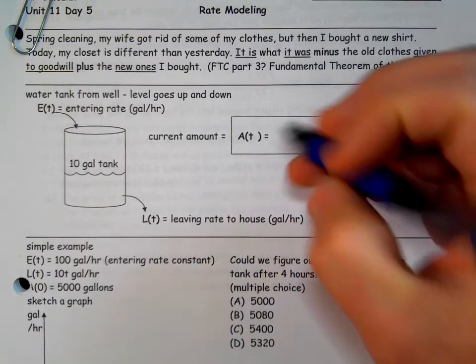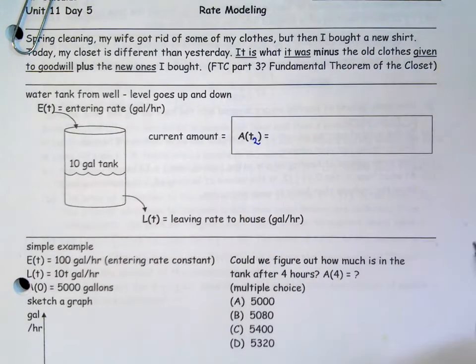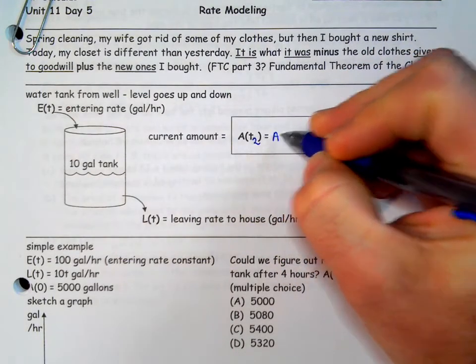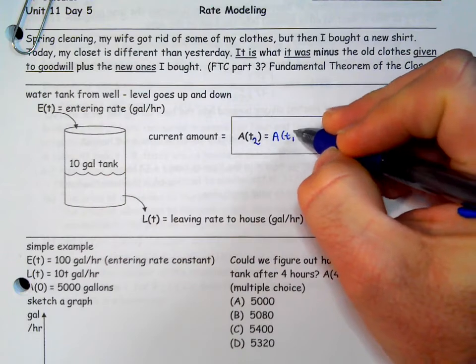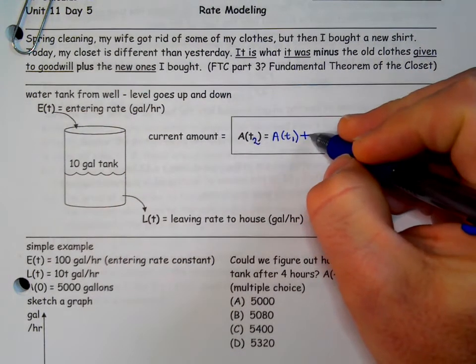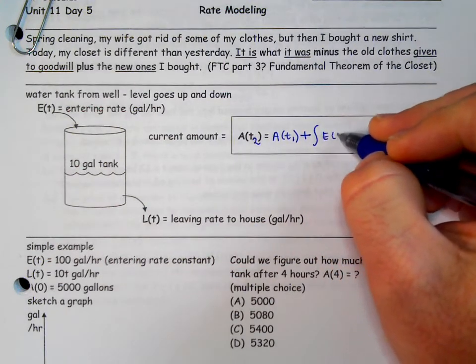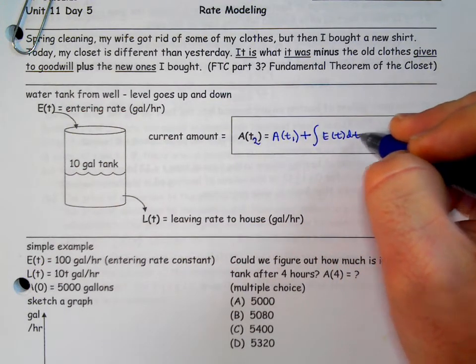So the current amount at some later time is going to depend on the amount that we had earlier. So there's some known amount at some point that's like an initial condition, plus the integral of the derivative of what's entering.